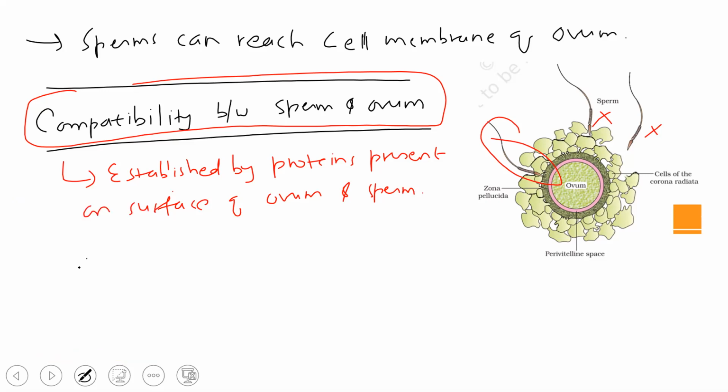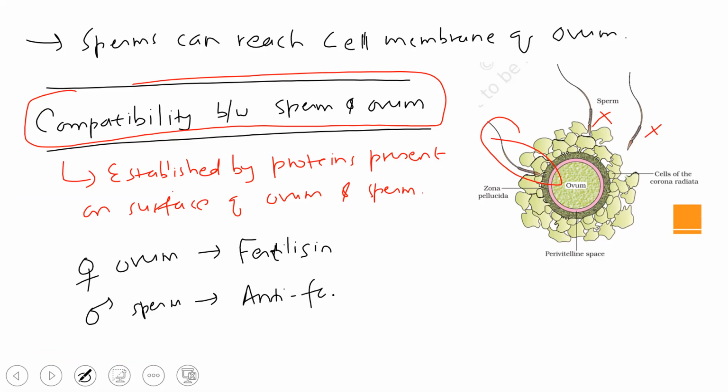The ovum will have the fertilizing protein, but the sperm will have the anti-fertilizing protein. So this is like lock and key, guys. When both the fertilizin and anti-fertilizin are compatible, then only the sperm can enter into the ovum. If 2-3 sperms can reach over here, only one will be entering.